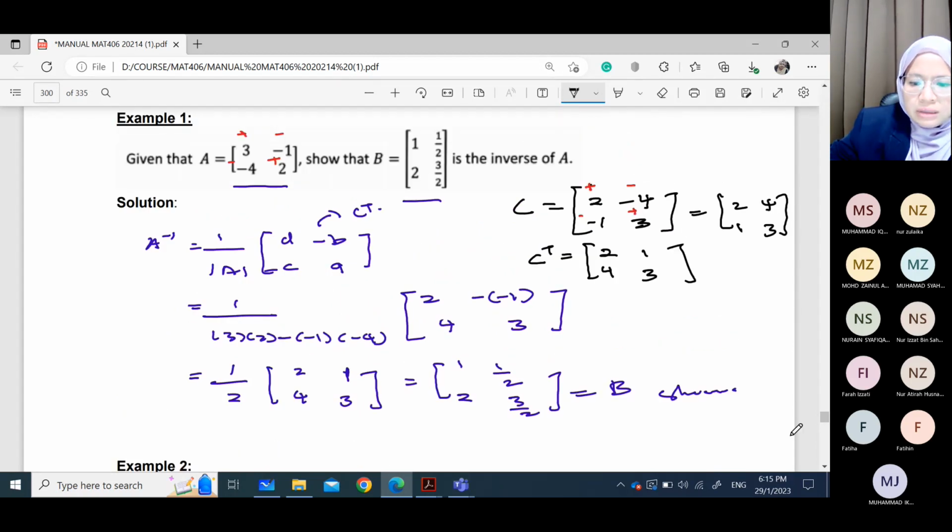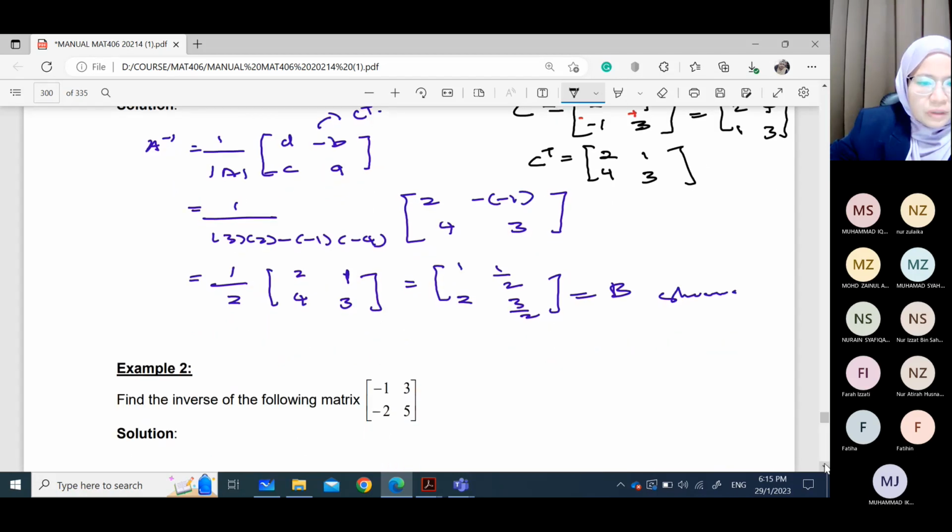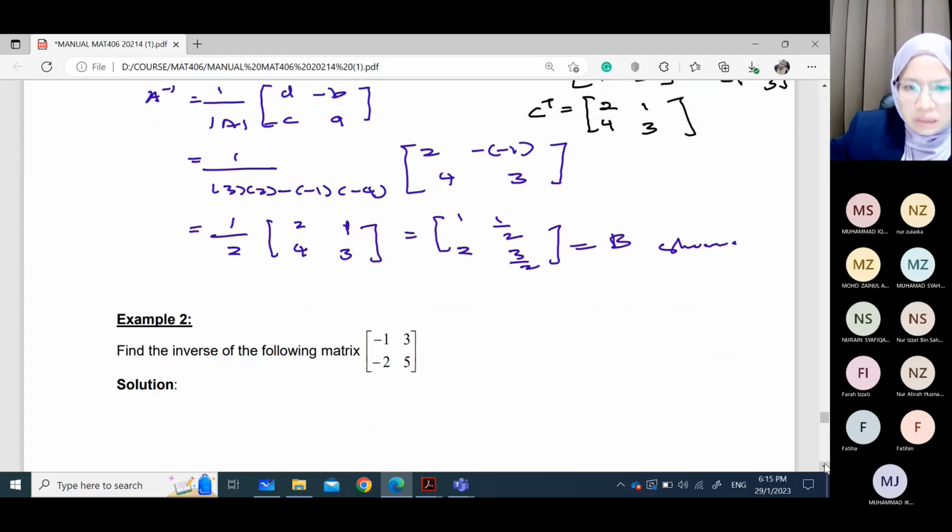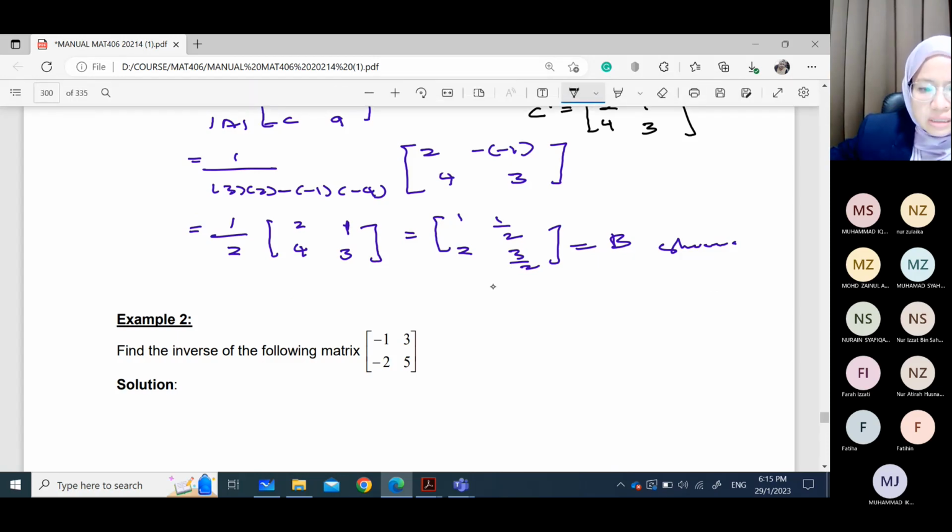Tak ada. Okay. Alright. So kalau you nak check sama ada betul ke tidak you punya A inverse ni betul ke tidak, so you can check based on this property. So you multiply A dengan A inverse and make sure you dapat identity. So untuk case yang ini identity kita adalah 1, 0, 0, 1.